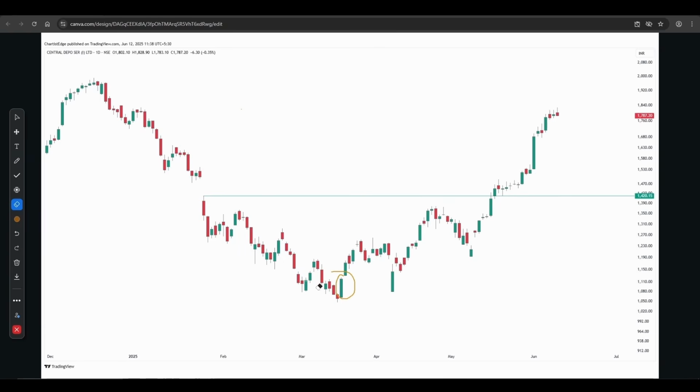This tells us that the shift is happening and the buyers are getting more dominant and they are accumulating at each dip or at each lower level, and this is clearly present from these higher lows.